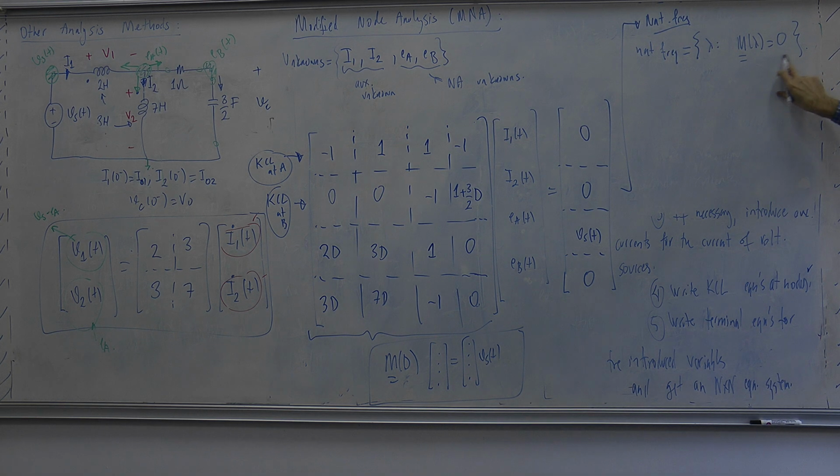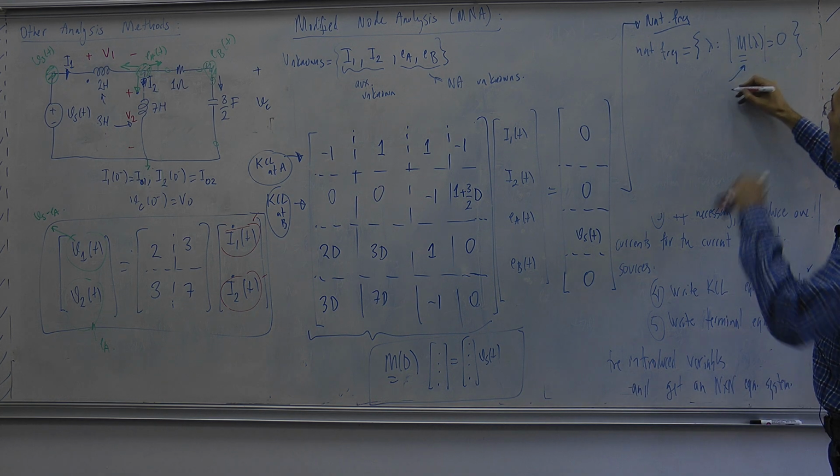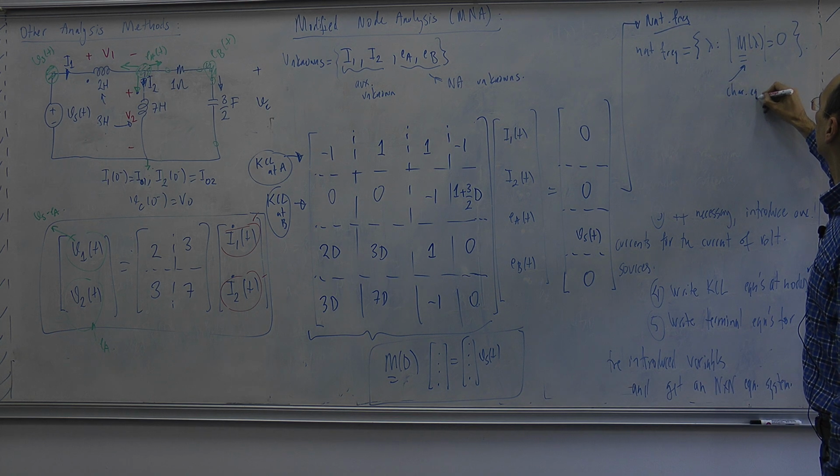This is the set for which this equation, the m lambda determinant equation, is satisfied. Okay? So again, this is called the characteristic equation.